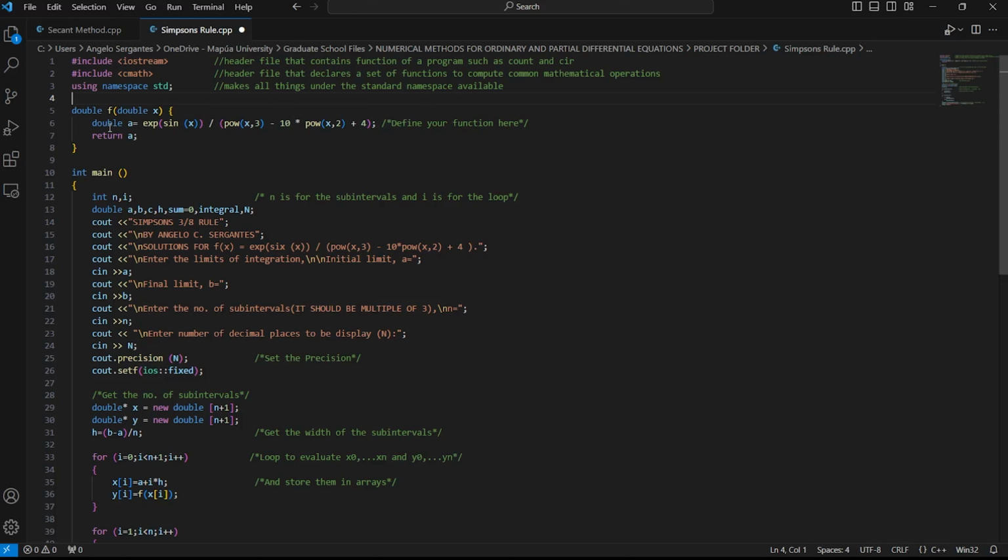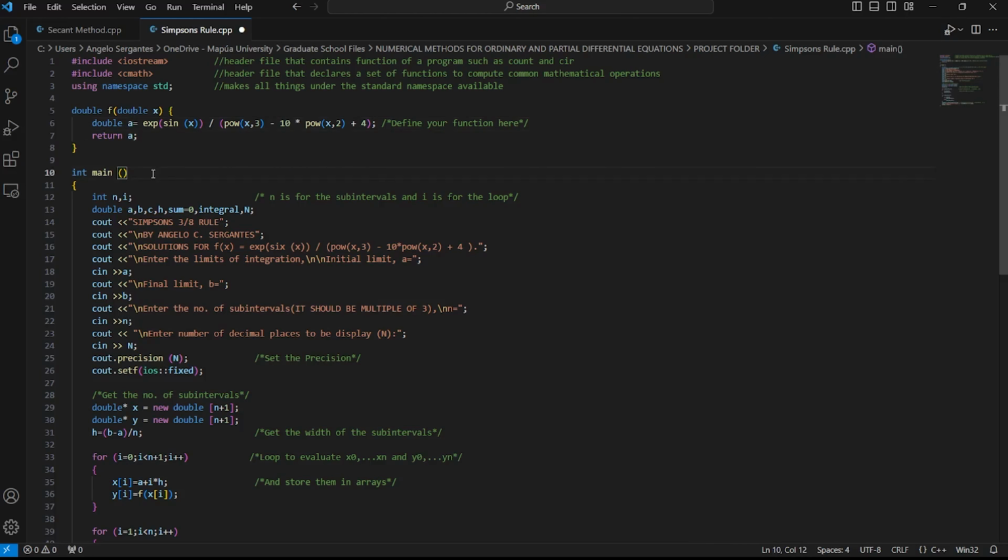So since we need to fix a certain function, we need to include it here inside of the program. In this case, the sample problem for the second method is being incorporated here, as was tackled before.